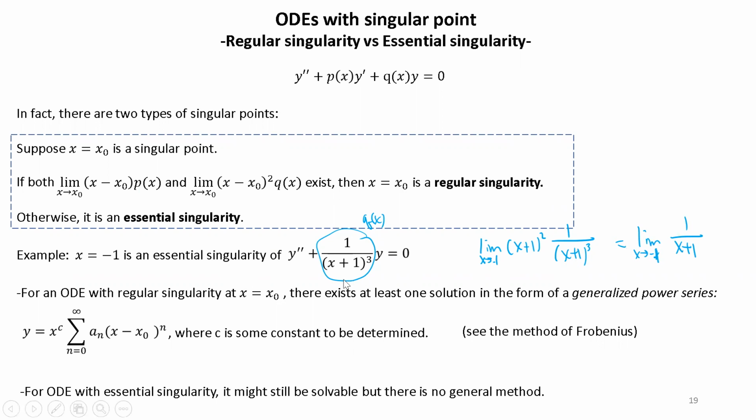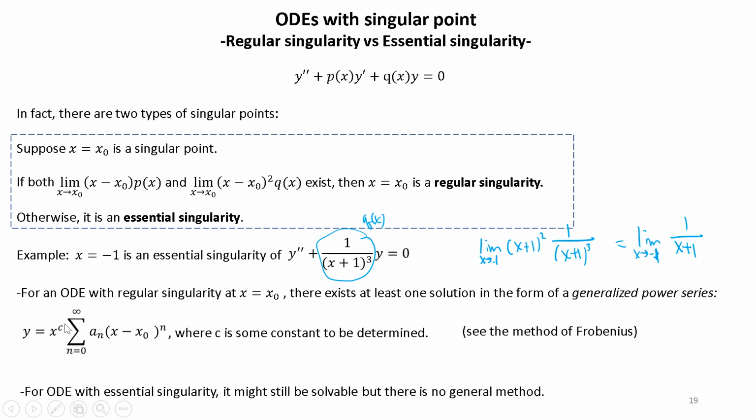For a regular singularity, on the other hand, you can still find a solution in terms of what is known as the generalized power series. So what is a generalized power series?